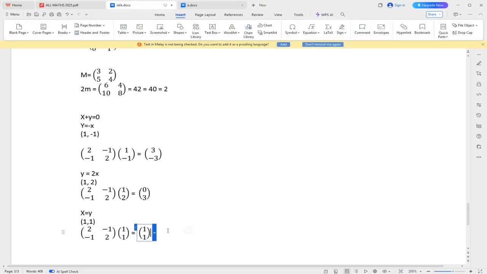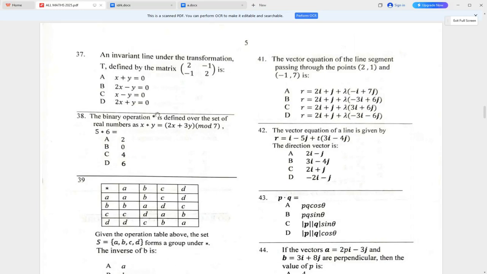So from here we can see that the line remains exactly the same, and we can conclude that the line x minus y is a perfectly invariant line. We can proceed by trying the last line, but from the looks of it it is going to be invariant. So we can conclude that the right answer for question 37 is C, which is x minus y being equal to 0.